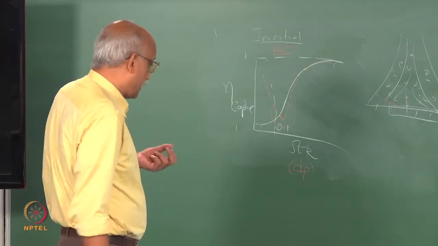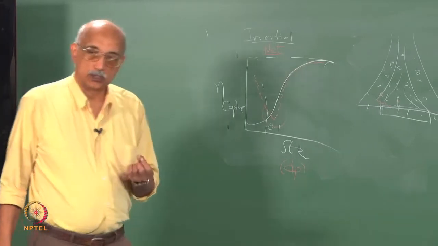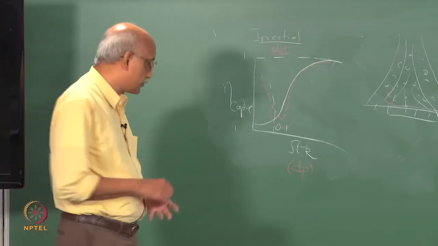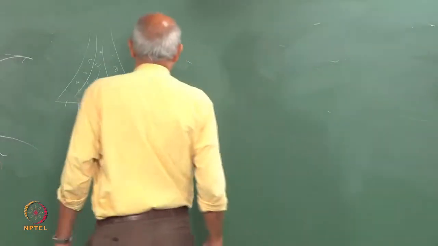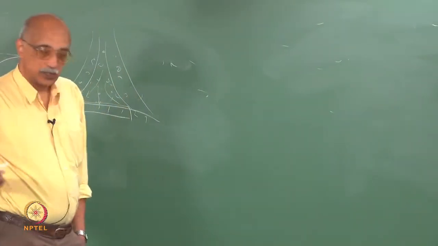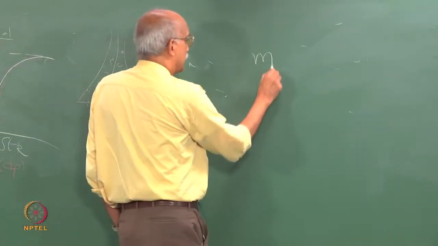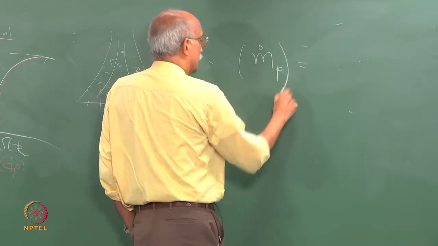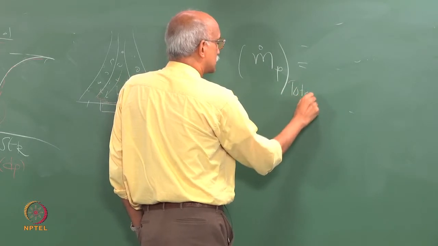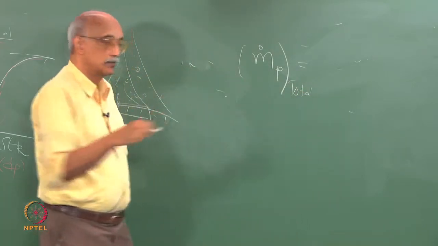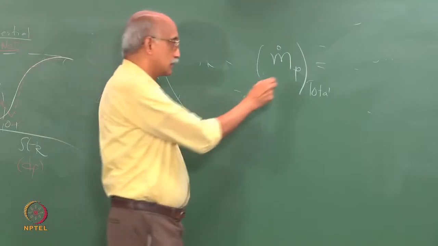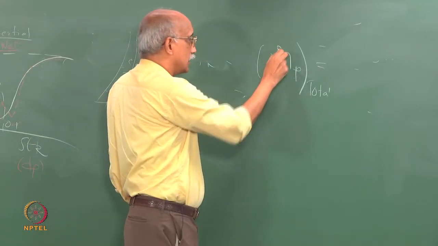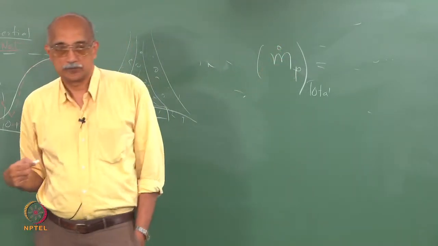So, if you want to look at particle transport, there are multiple mechanisms that come into play. Let us use the same notation we used last time, which is MP dot, let us call this total. This stands for the total mass deposition rate of particles. The dot represents per unit time.